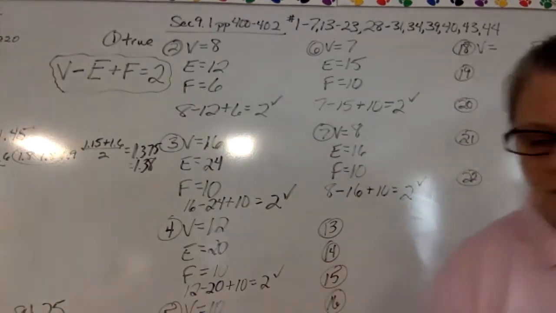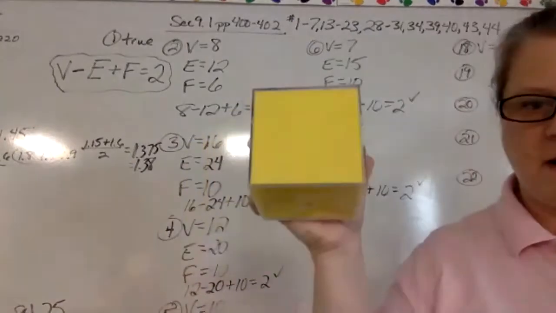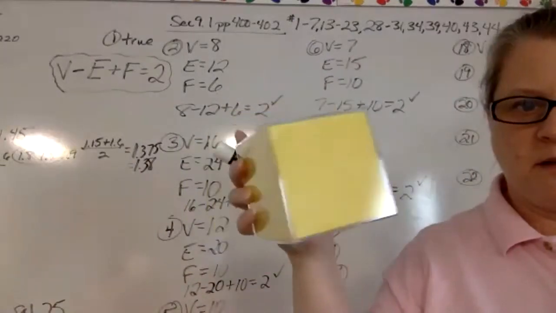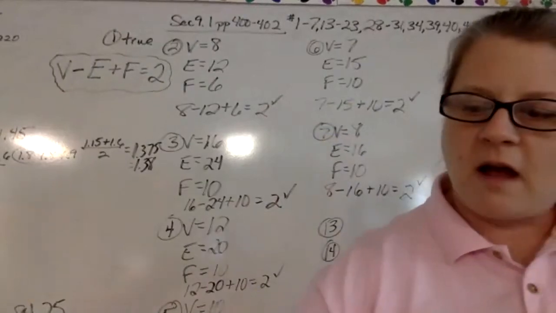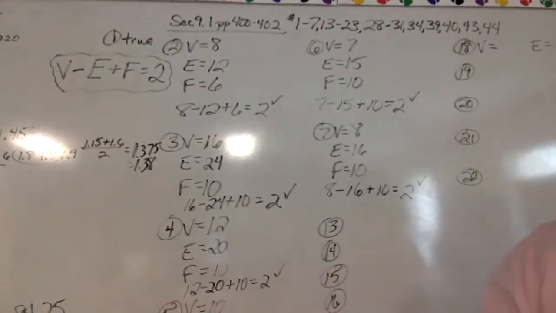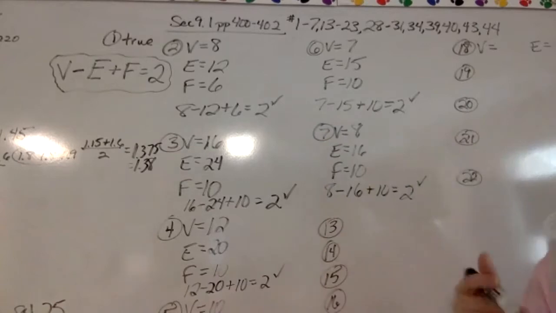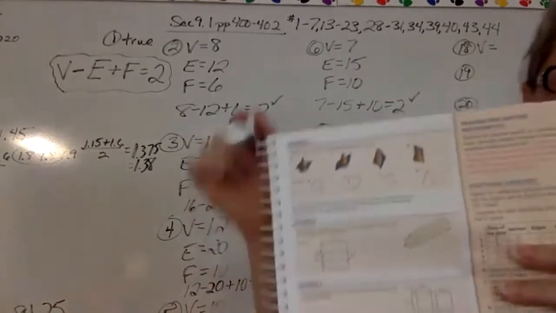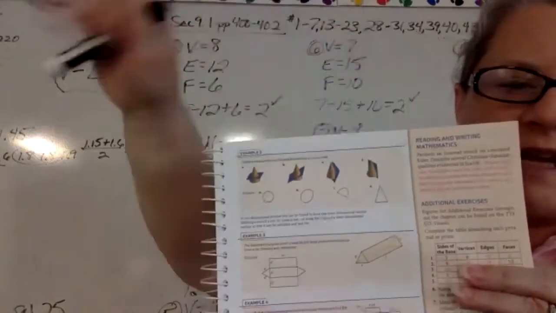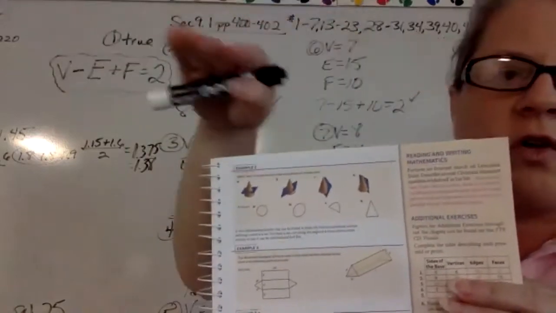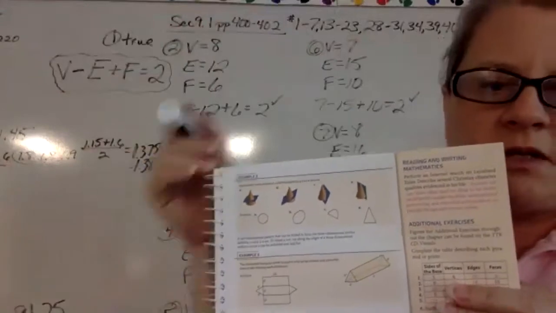So first of all, remember this is a cube, right? This is a cube. Okay, so I'm going to talk about a cross section. Now, if you look right here, it shows different cross sections. It's when they take a plane and they cut across the 3-dimensional figure.